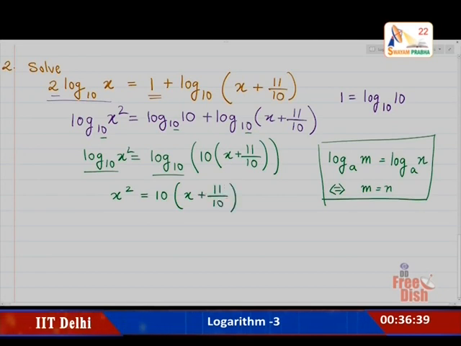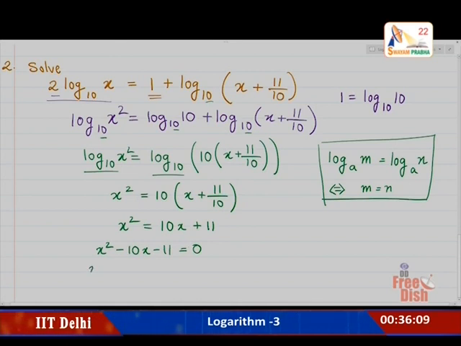Now, this 10 will help. Had it not been log to the base 10, we could have landed up in problems. Because of this 10, what I have is 10x plus 11 and this is x square. So now it is a simple quadratic equation, x square minus 10x minus 11 is equal to 0. Can you factorize this equation?